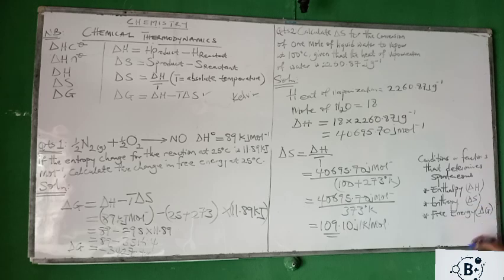Now, a relationship that combines these three is what we determine as change in G is equal to change in H minus T change in S. So that is the free energy is equal to the change in the heat of formation or the enthalpy minus that absolute temperature and change in the entropy of that reaction.